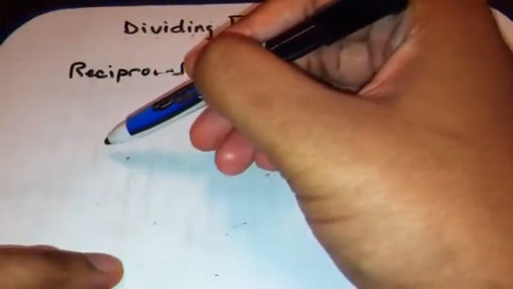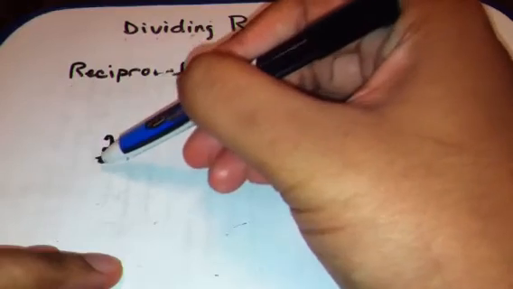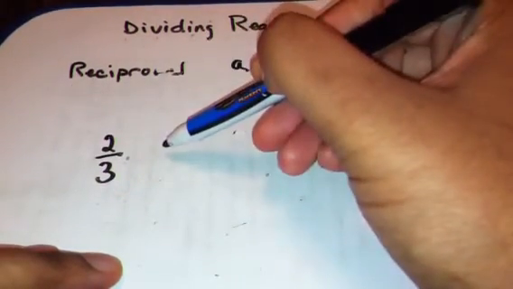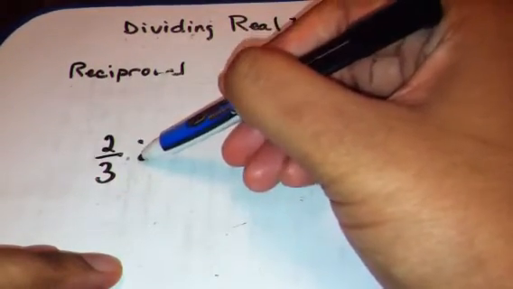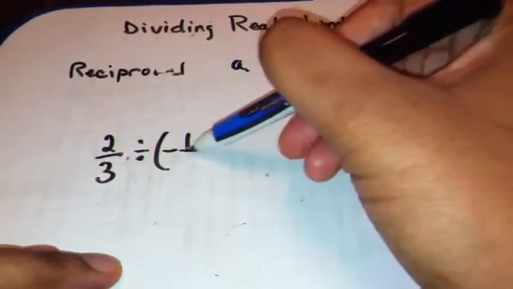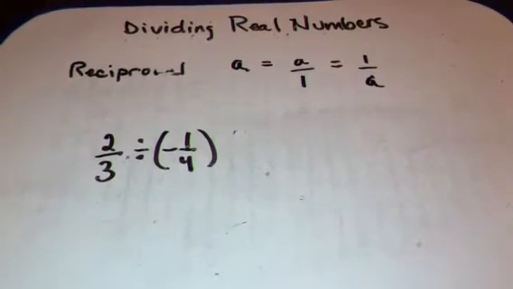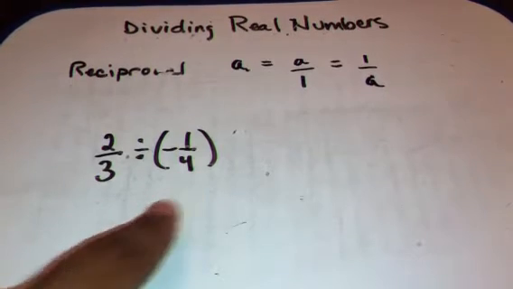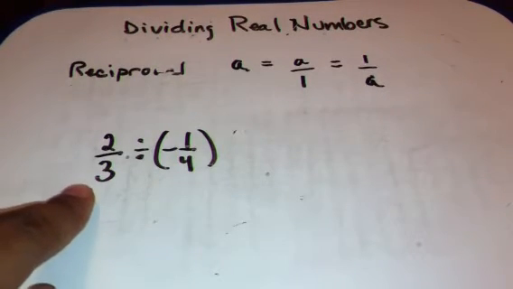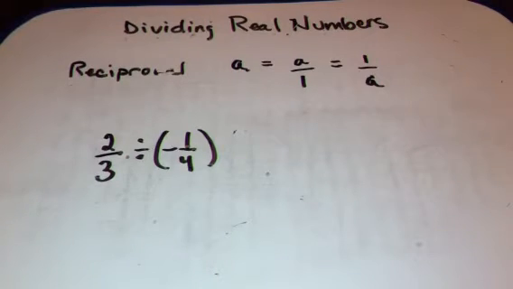For example, let's take 2/3 divided by a negative 1/4. Well, what's the first thing that we do? They do have unlike signs. You will notice the 2/3 is positive, the 1/4 is negative.